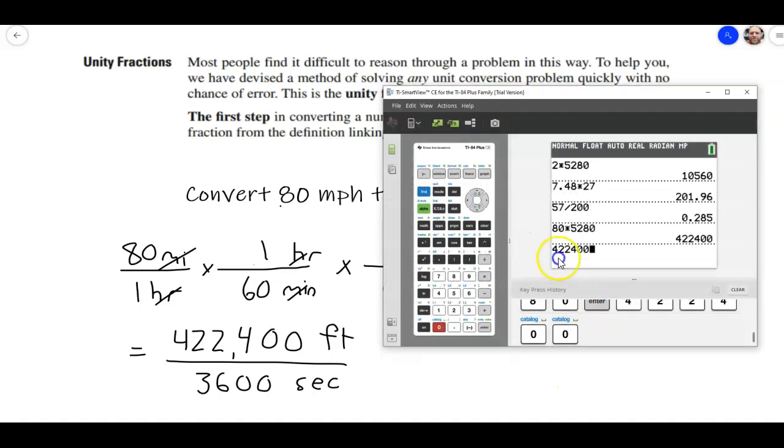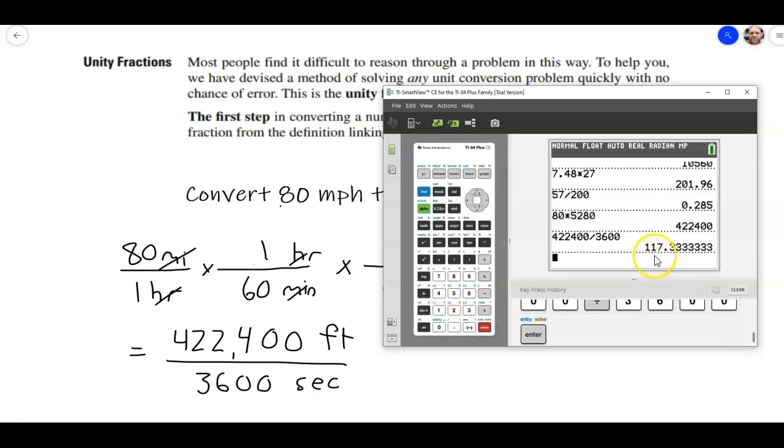All right. And so 422,400 divided by 3,600. And I'm going to get around 117.3. And I'm going to round this to the least accurate of these two numbers, which is this one right here. So that's 2 significant digits.